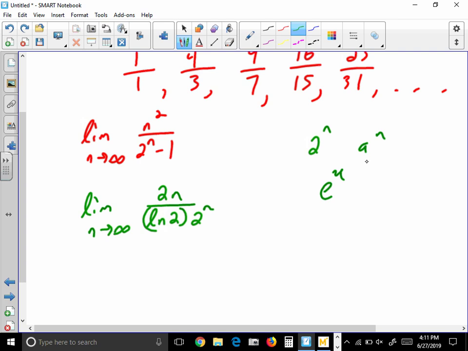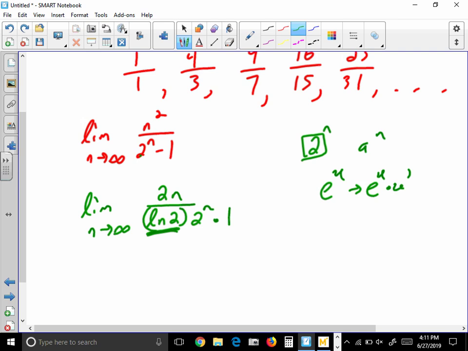Remember the derivative of e to a power is e to the power times the derivative of the exponent. This is just simply a different base. And when we have a base other than e, we pick up a natural log. So the derivative of 2 to a power is 2 to that power times the derivative of the exponent times natural log of the base.